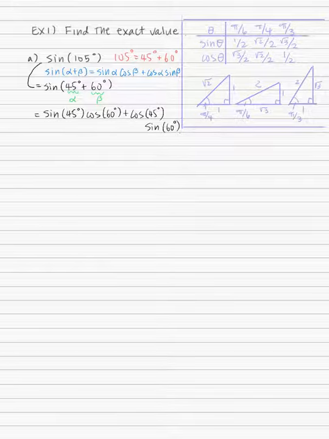Now let's compute each single one of them. Sine of 45 degrees is root 2 over 2. Cosine of 60 degrees is 1/2, plus cosine of 45. Oops, why did I put 3 there? Sorry, I meant to write 2.